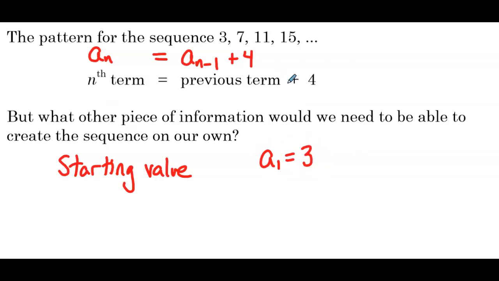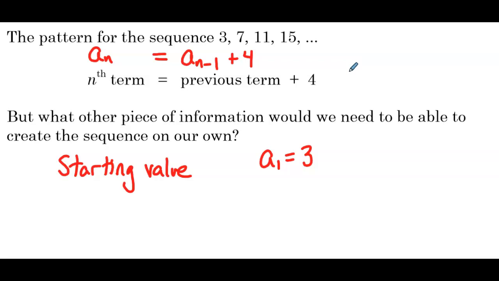If we combine these two ideas, we get a recursive definition for the sequence. So a sub 1 equals 3, a sub n equals a sub n minus 1 plus 4 is the recursive definition of the sequence 3, 7, 11, 15. So we need two pieces of information to create a recursive formula.